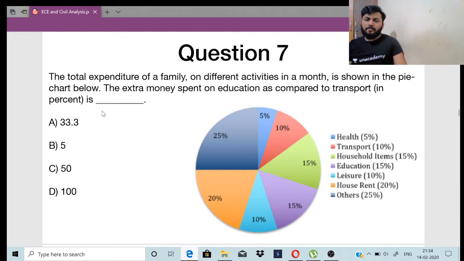मैंने क्या बोला है? Whenever percentage is mentioned, what you should take? You should take the total as 100, right?